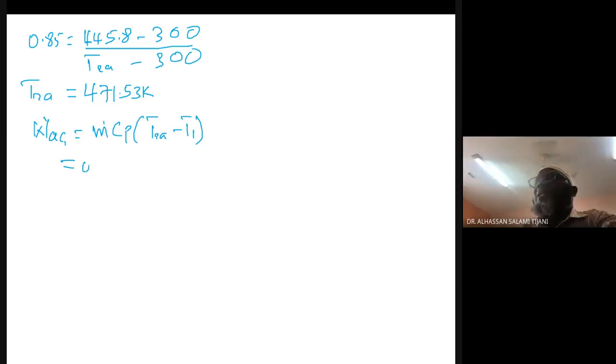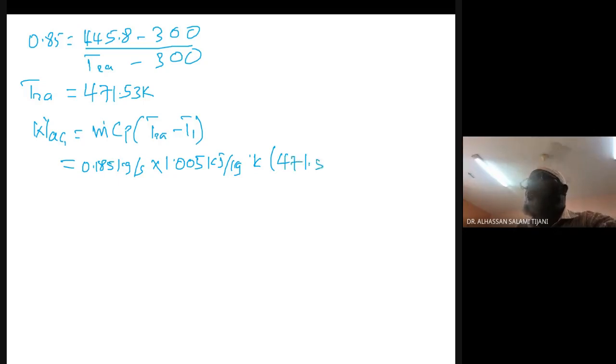So we have 0.185 kilogram per second, times the specific heat capacity for air, 1.005 kilojoules per kilogram per Kelvin, times T2A, 471.53 minus 300 Kelvin.